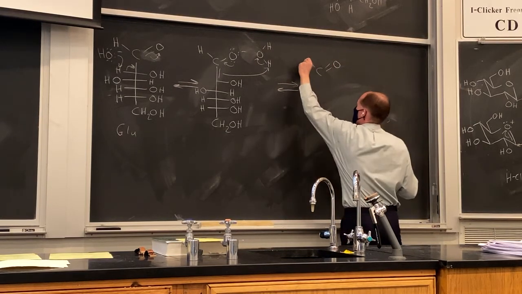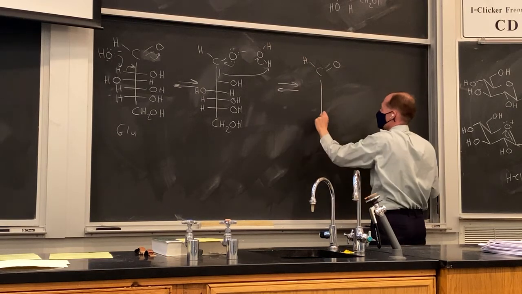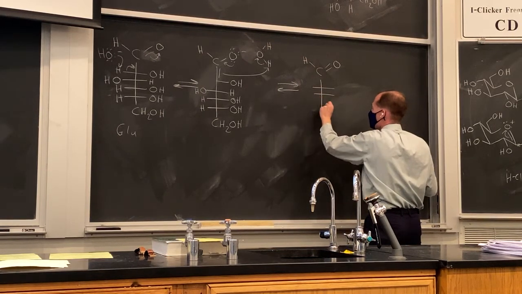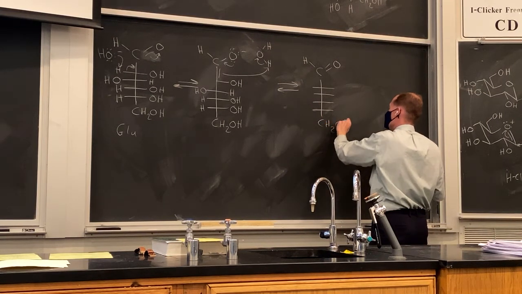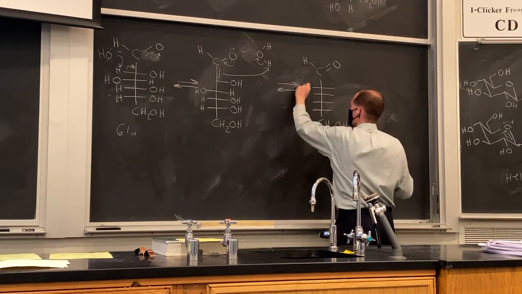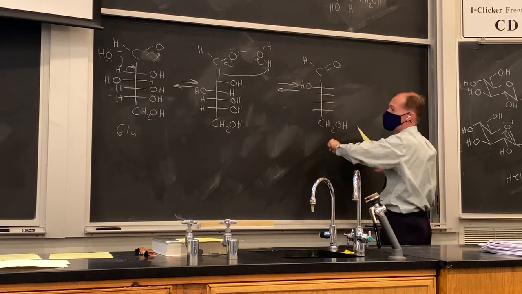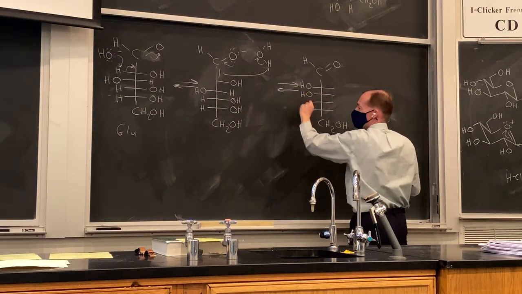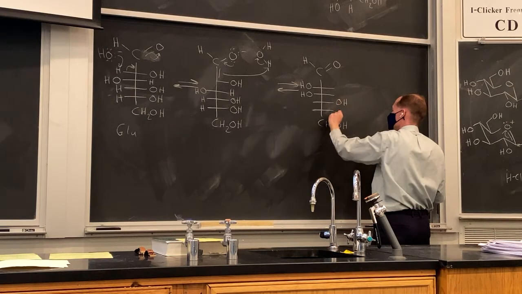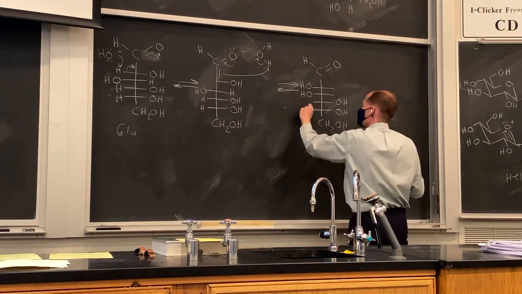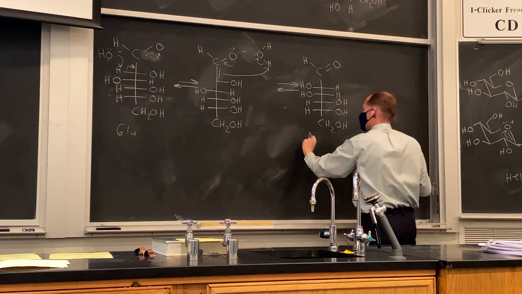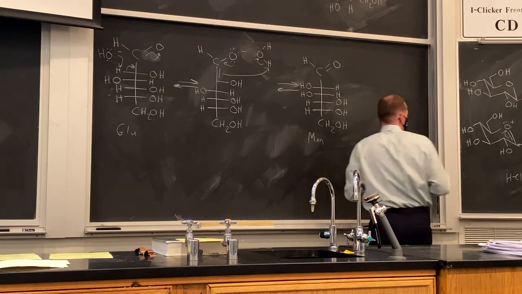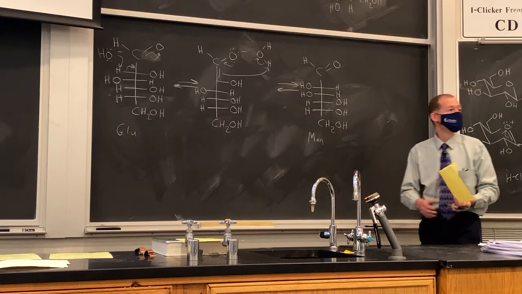You're going to get the C2 epimer of glucose, which is what monosaccharide? Mannose. Yeah, you're going to make mannose. We're going to switch the configuration at C2. Okay? So if you treat glucose with a strong base, you're going to get a mixture of glucose and mannose.